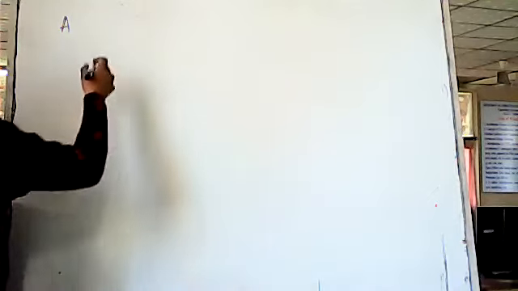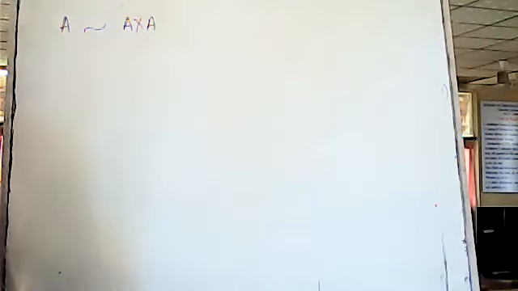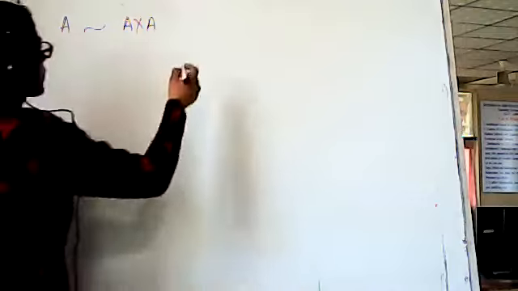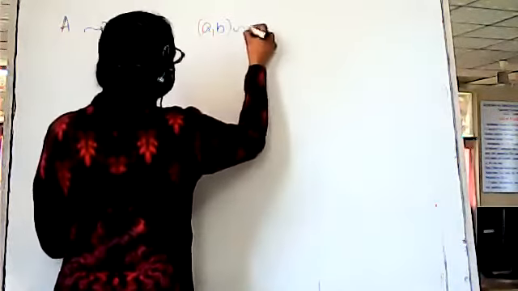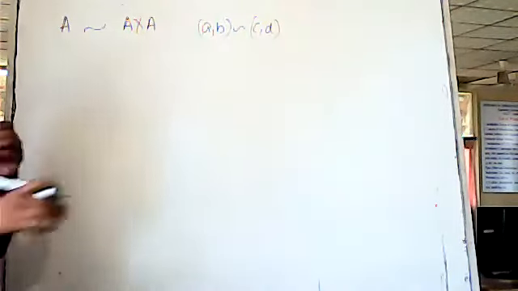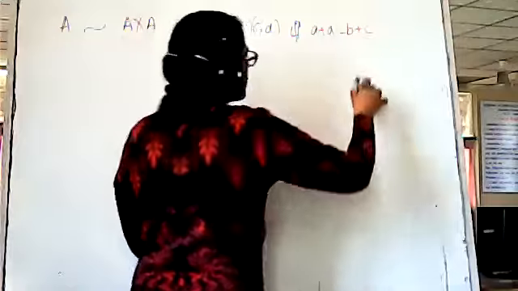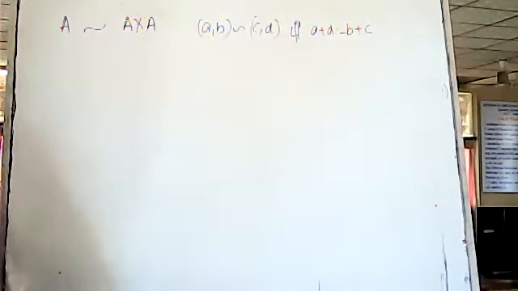Let A be the set of integers and let this be the relation on A cross A defined by (a, b) related to (c, d) if and only if a plus d equals to b plus c.